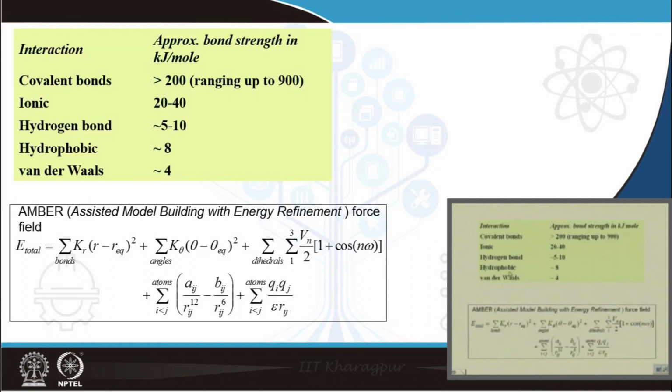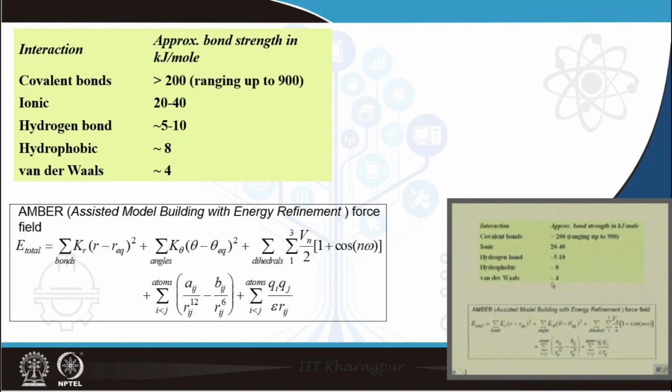Now, if we look at the interactions and their approximate bond strength in kilojoules per mole, you see that covalent bonds are extremely strong. Ionic bonds are 20 to 40 kilojoules per mole. Hydrogen bonds are approximately 5 to 10 kilojoules per mole. Hydrophobic are 8.